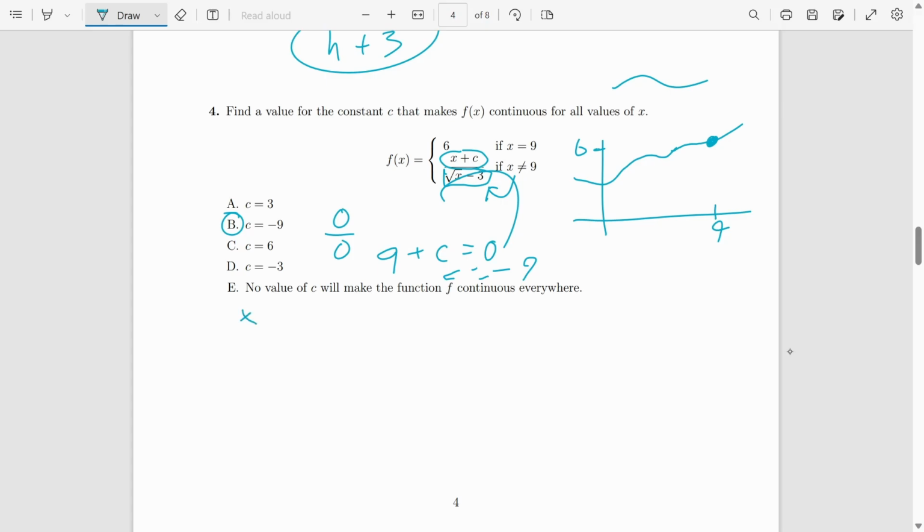So x plus negative 9, x minus 9 over root x minus 3. And then we just sort of have to simplify this. So when we plug in x equals 9, it'll work out. So what we can do here is multiply by root x plus 3.